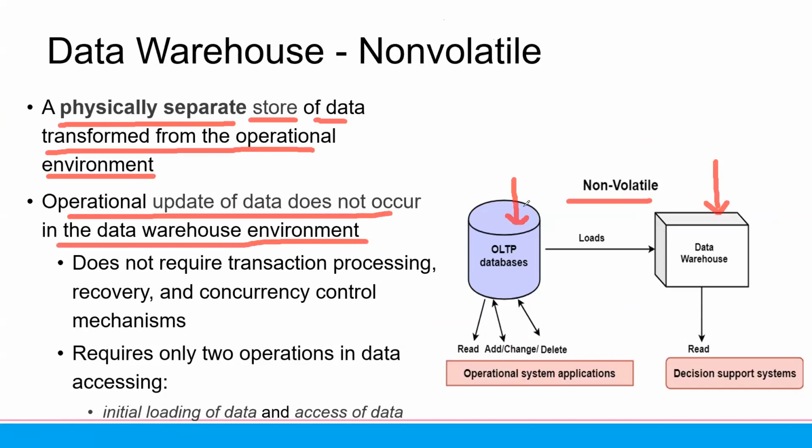So whenever you do OLTP, usually we use CRUD. C stands for create, R stands for read, U stands for update, D stands for delete.